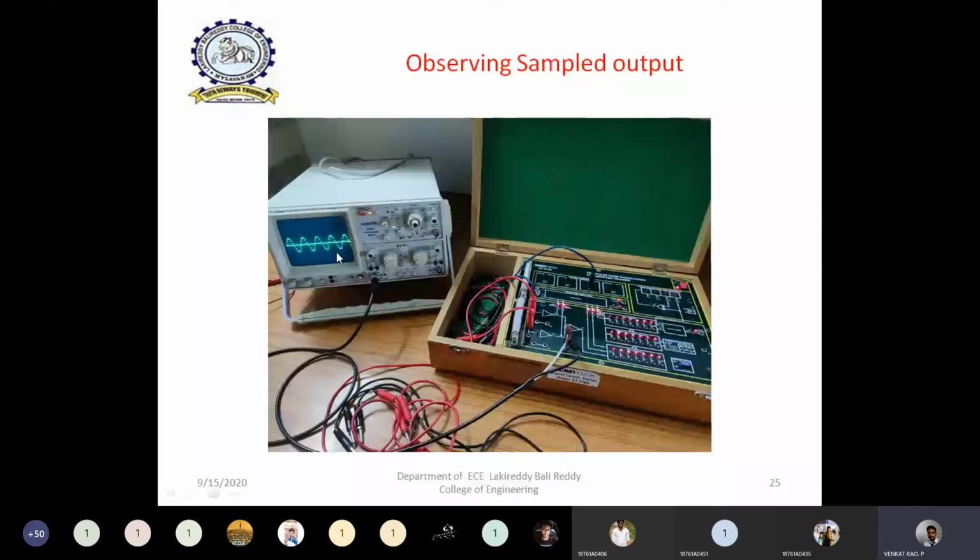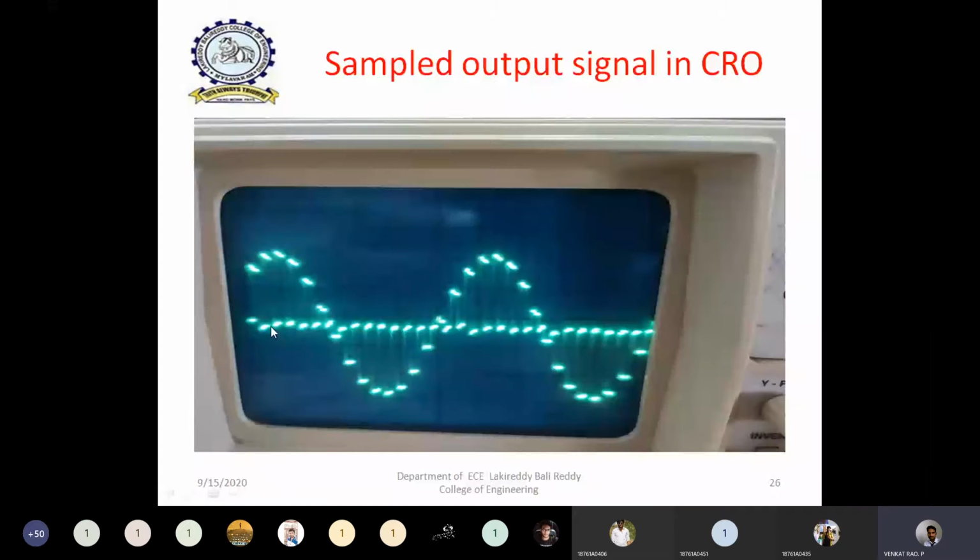Similarly, if you zoom into that sample output in the CRO, it will be obtained like this. So these are the first sample, second sample, third sample, like that. Okay, all these vertical lines represent the clock pulses. Based on the occurrence of each clock time, different samples are obtained like this.